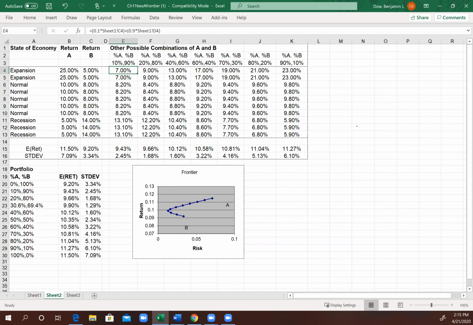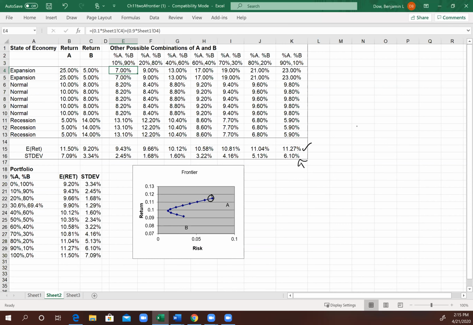If we start out with 90% stocks and 10% bonds, we're out here where the expected return is the highest, but also the standard deviation is the highest.